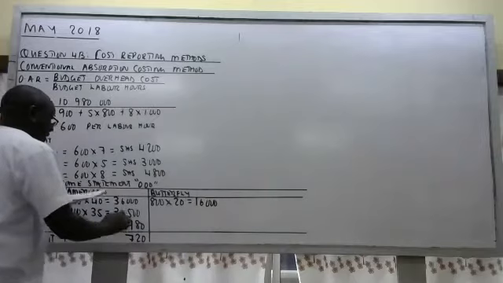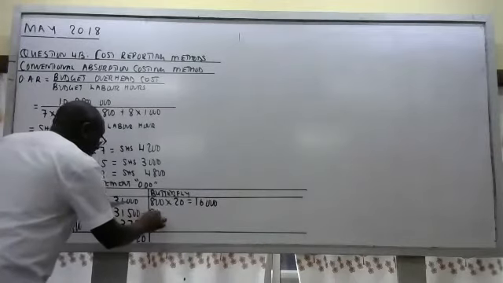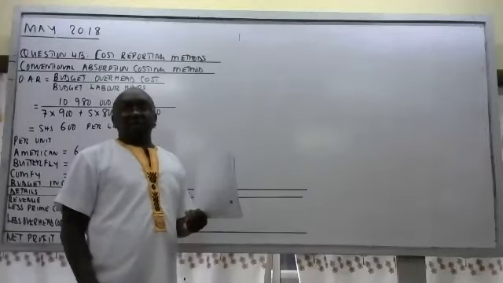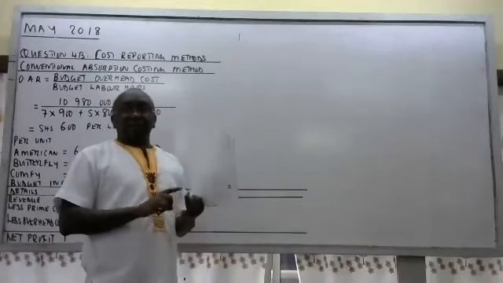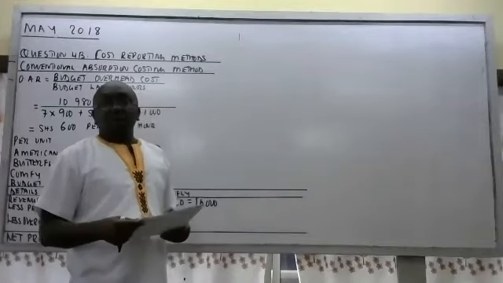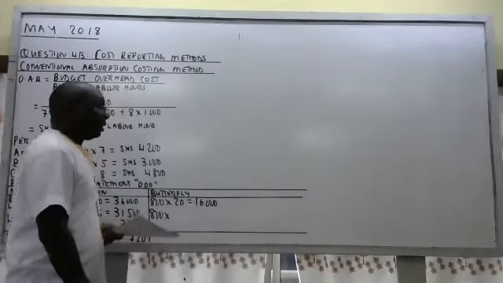Then for the prime cost, remember prime cost is the total of direct costs. It is the total of direct material, direct labor, and any other direct cost. That is what we call prime cost.